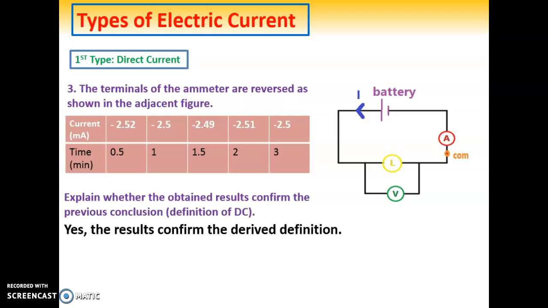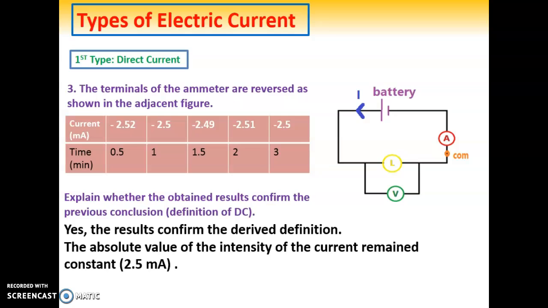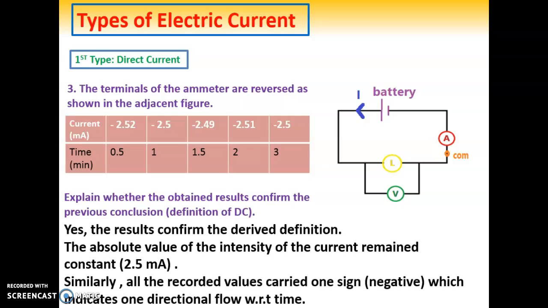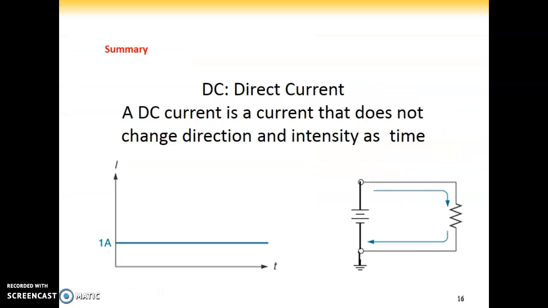We obtained negative values because the ammeter's connection was reversed, because the COM terminal is no more connected to the negative terminal of the battery. So the absolute value of the intensity of the current remained constant, 2.5 milliampere. Similarly, all the recorded values carried one sign, the negative sign, which indicates one directional flow with respect to time.